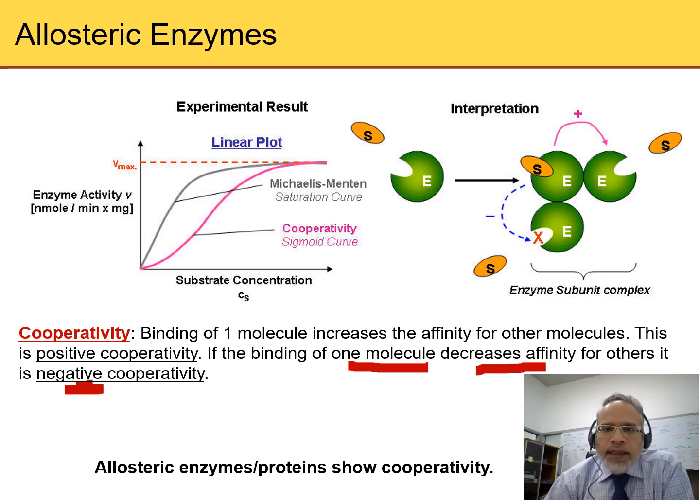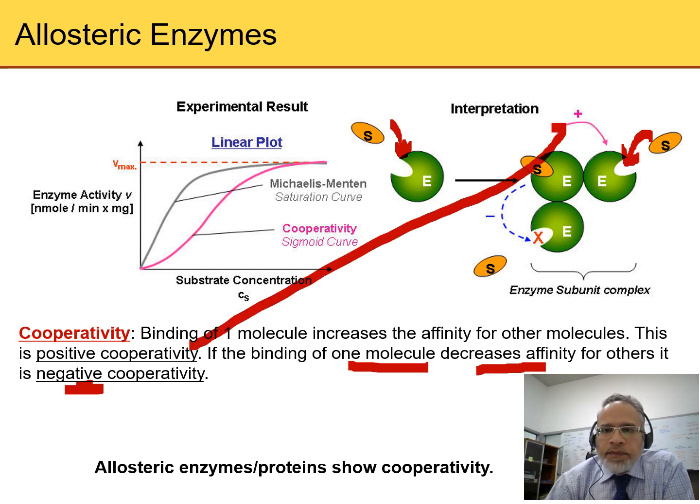So, for example, this is a substrate, this is an enzyme, so it binds to it. Now, if binding of this substrate to the enzyme increases the activity of other substrates to bind, this would be an example of positive cooperativity.